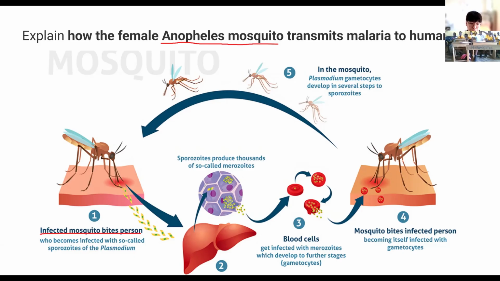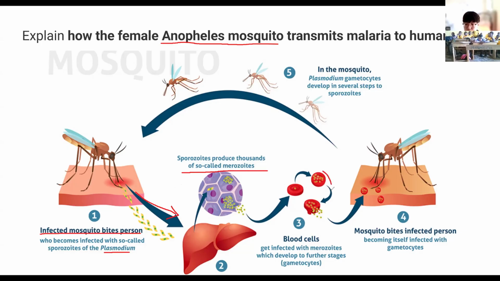That's the first step. They insert the parasite called Plasmodium into our body, which flows to our liver. In our liver cells, they reside and duplicate, and then they infect parts of our blood cells as they move on.